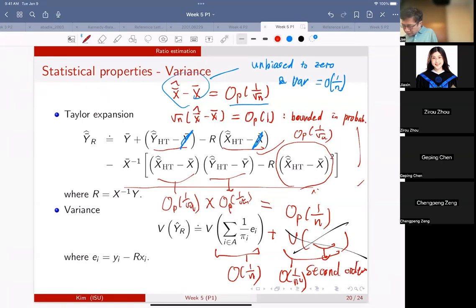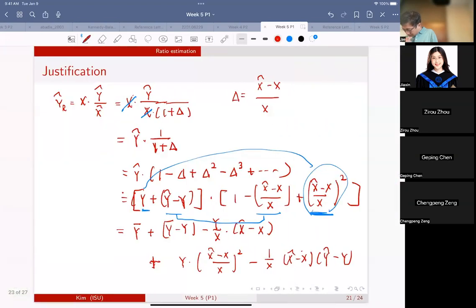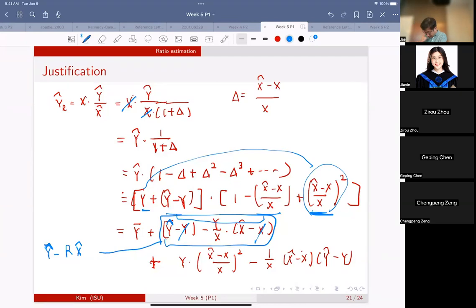My point is, here, this guy is the first order term, but then you can see that this is y hat minus r x hat, because this will cancel each other. So that is the summation over 1 over pi i times yi minus r xi.